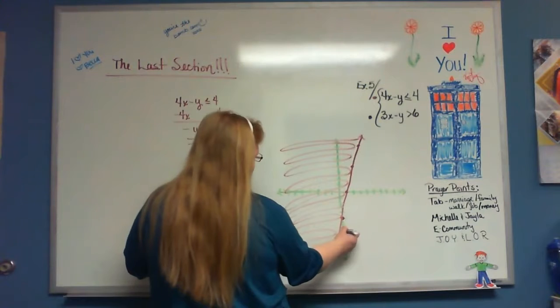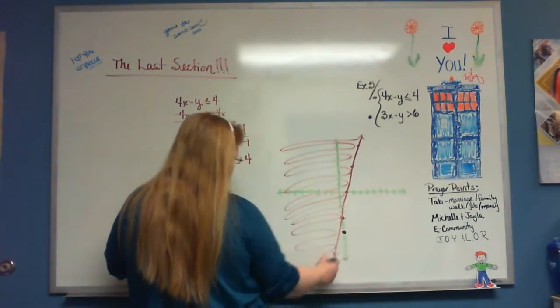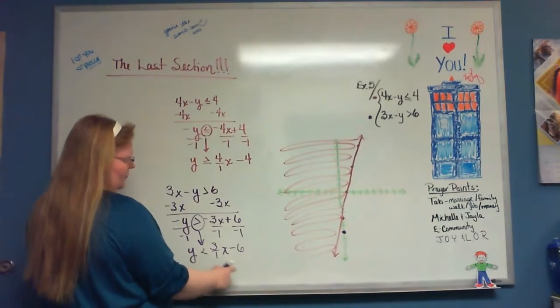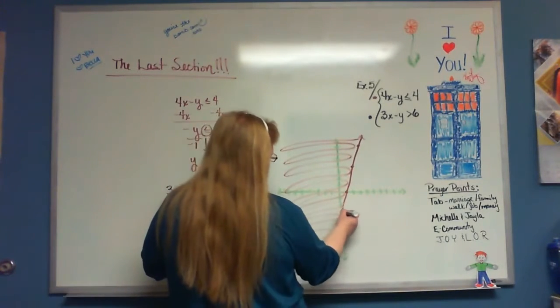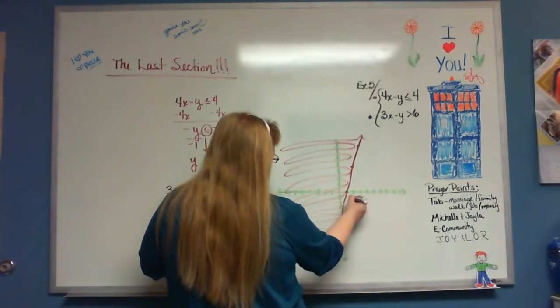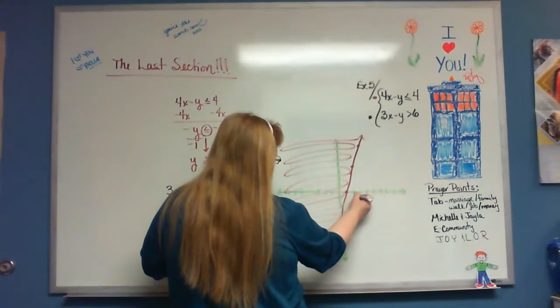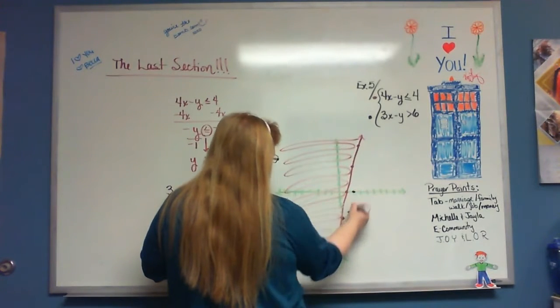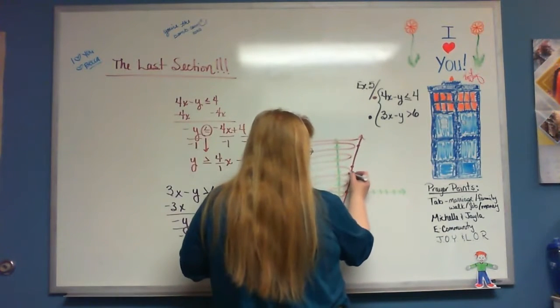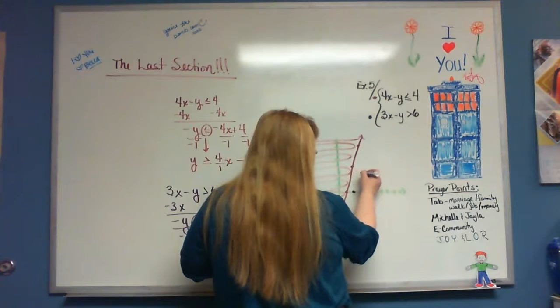So that one starts down here. And I have to go up 3 and over 1. Up 3 and over 1. Ooh, it looks like it's almost parallel.